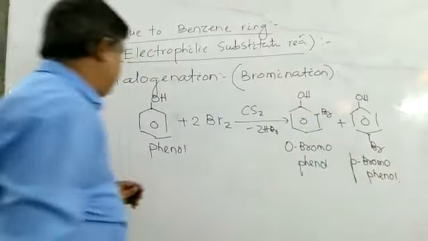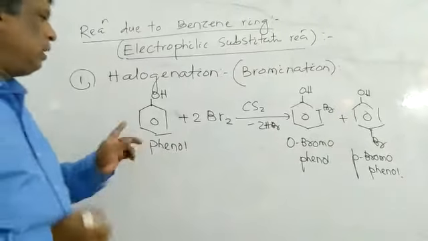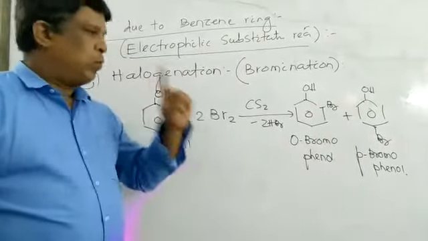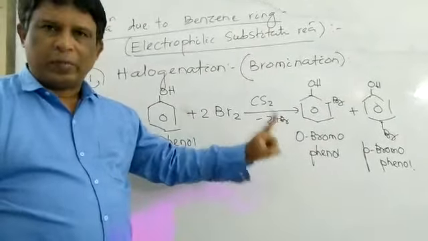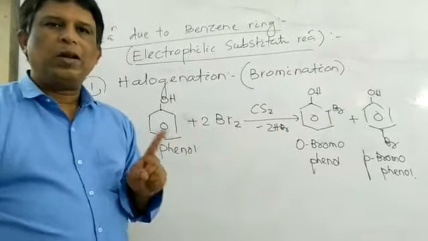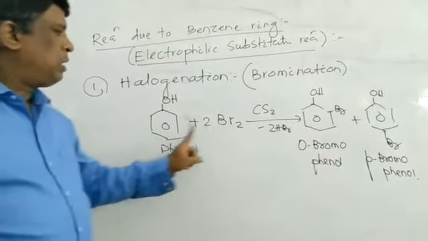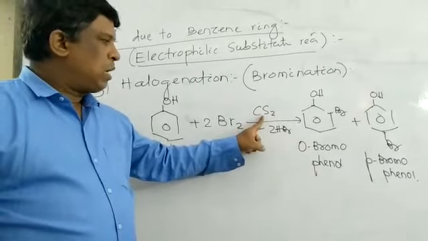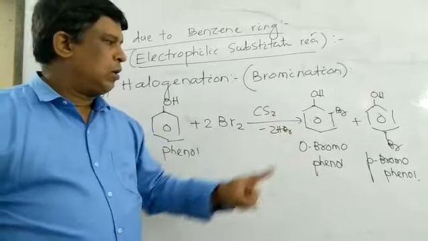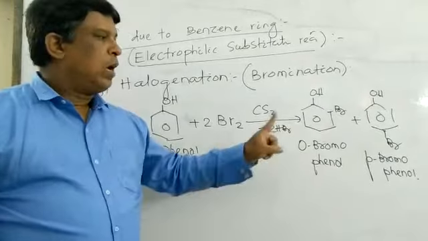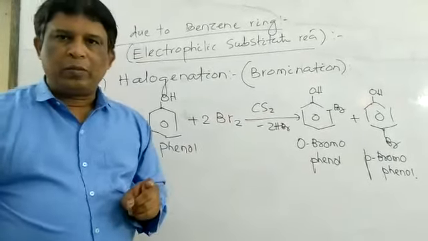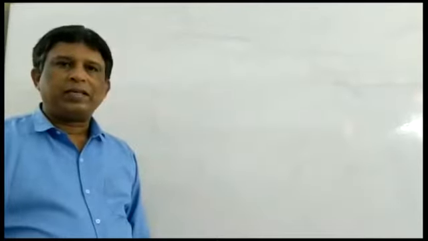Repeat the statement again. When phenol is treated with bromine water, a white precipitate of 2,4,6-tribromophenol is formed. On the other hand, when phenol is treated with bromine in presence of carbon disulfide, a mixture of o-bromophenol and p-bromophenol is formed.